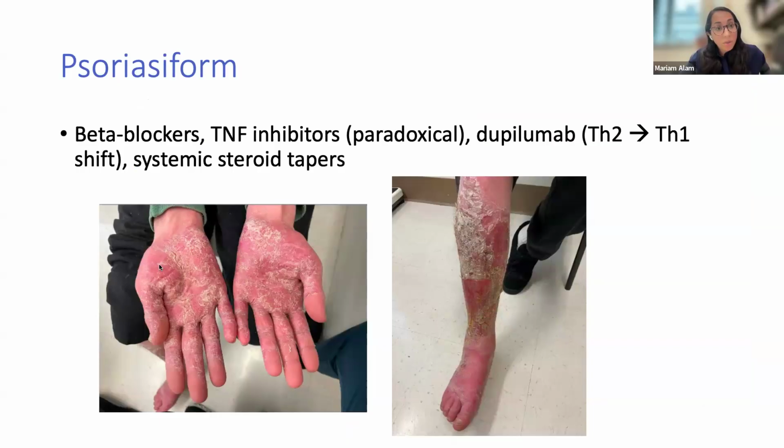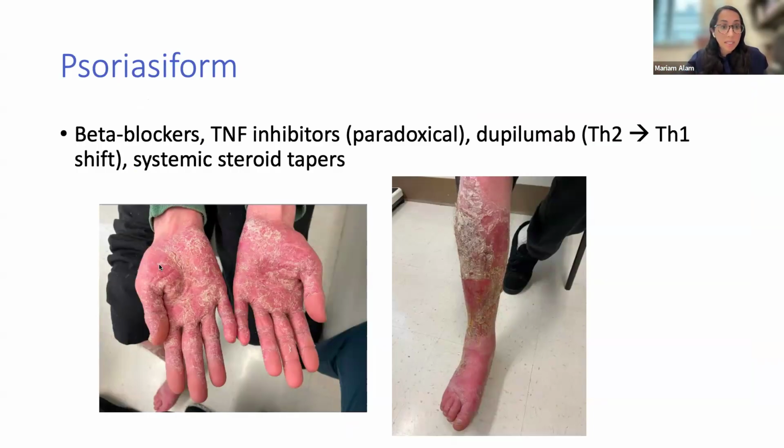Psoriasiform rashes, so things that look like psoriasis, often are caused by beta blockers and TNF inhibitors. You can get this paradoxical reaction because TNF inhibitors are actually used to treat psoriasis in a lot of people. Dupilumab, again, which is an eczema medication, can shift you into more of a psoriasis-like immunophenotype, and so that can cause a psoriasis-like rash.